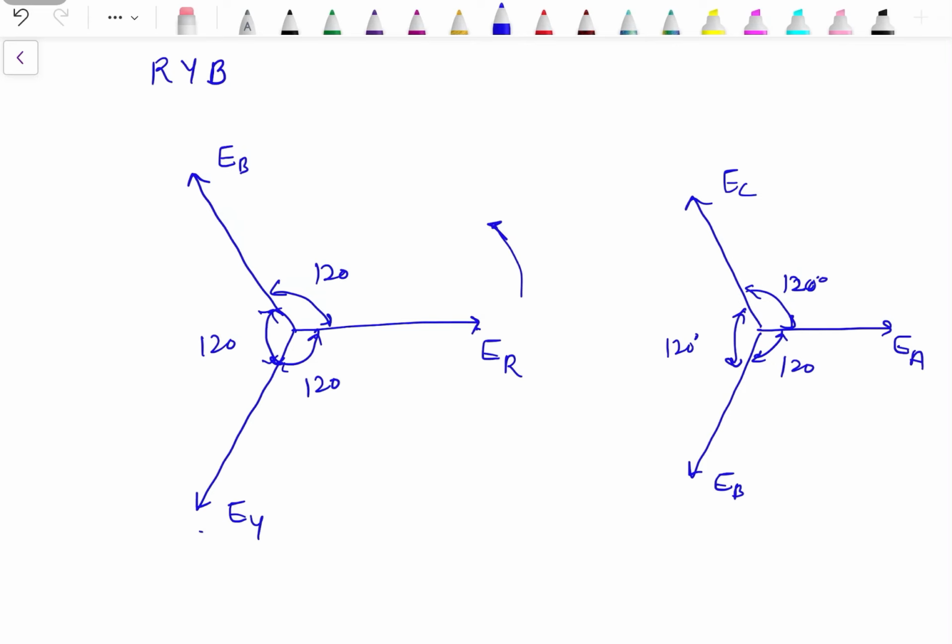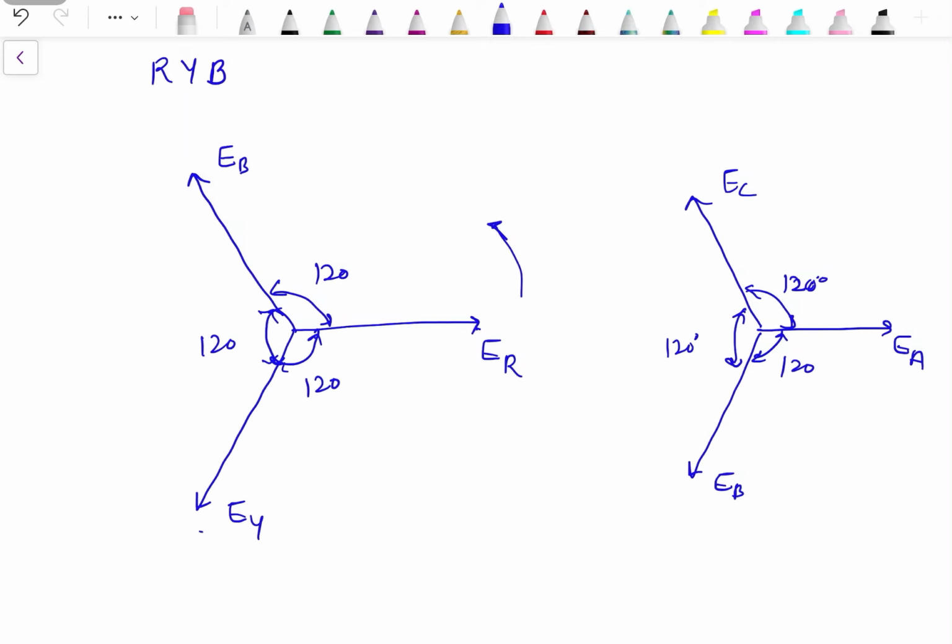Now this three-phase system has advantages as compared to the single-phase system. In single phase, the instantaneous power is fluctuating, while in case of three-phase, it's not fluctuating, it's always constant. Also, the output of three-phase systems is more in comparison to the single-phase system. The transmission and distribution of power is also cheaper if we go with the three-phase system.